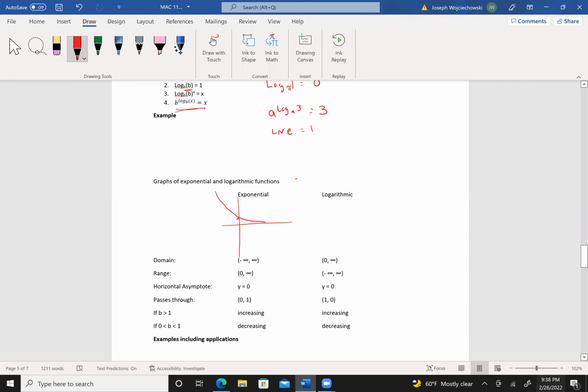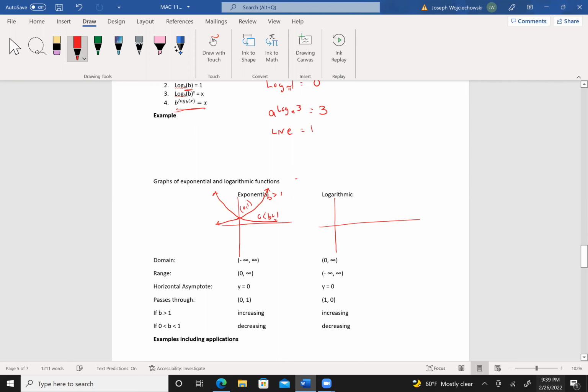So we had this function here, and we had this function here. These are our exponential functions. This one is for b greater than 1. This one is for b between 0 and 1. And you can see the point 0, 1 right here.